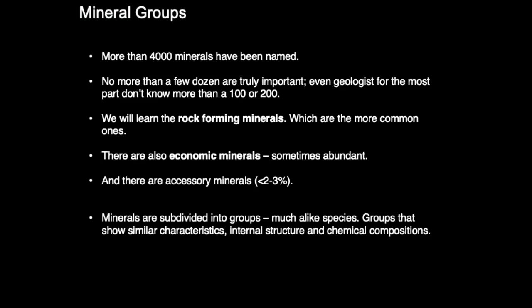So sometimes economic minerals or even the rock-forming minerals can be accessory minerals in a specific rock sample. If I have, say, a rock sample that has only 2% quartz, quartz in that case is an accessory mineral, even though quartz, as a bigger picture, is a rock-forming mineral.